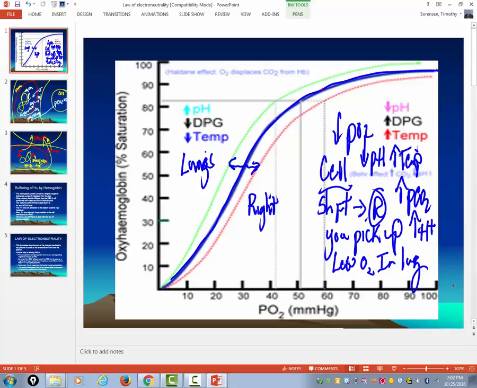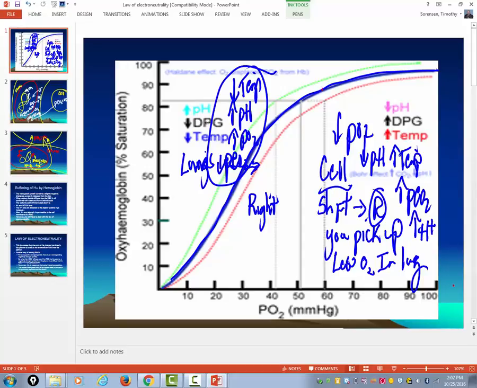And those conditions are a lower body temperature, a higher pH, higher PO2, and lower PCO2. Those are all conditions that are normally found in the lungs and that allows oxygen to bind.